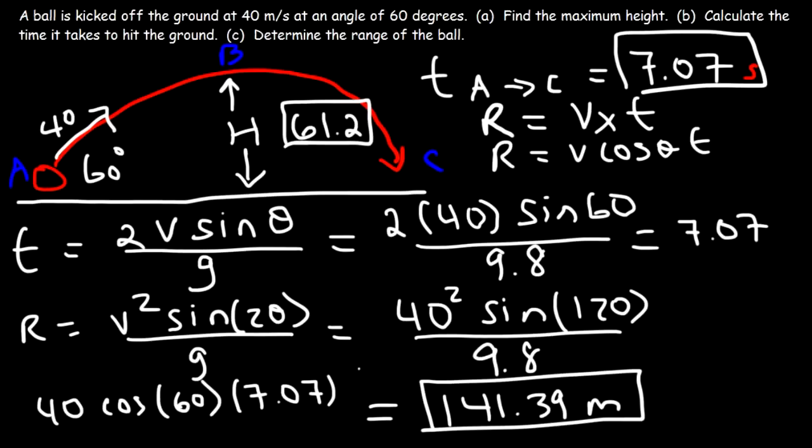Cosine 60 is a half. Half of 40 is 20. 20 times 7.07 is about 141.4. So you get the same answer. Now this is a rounded answer, so if you use the exact answer, you should get 141.39. So that's another way in which you can calculate the range.